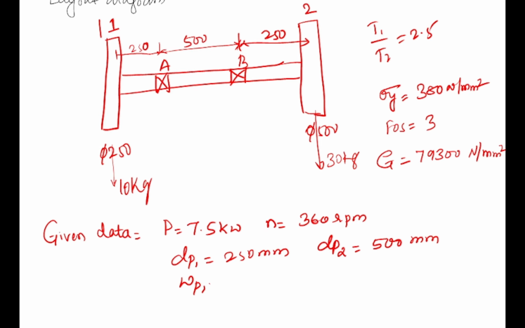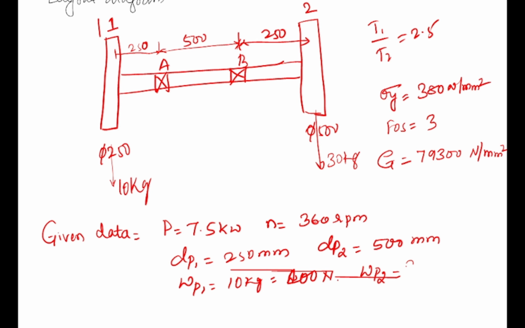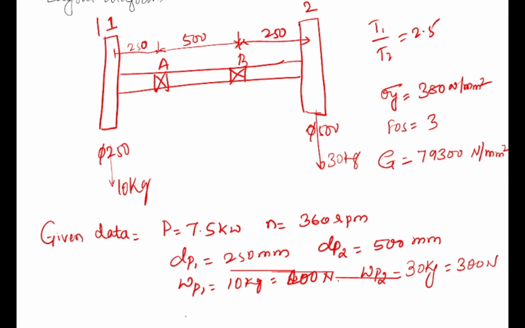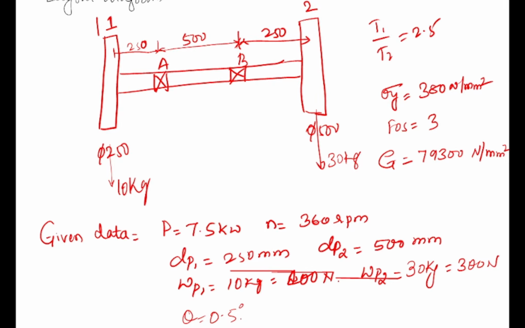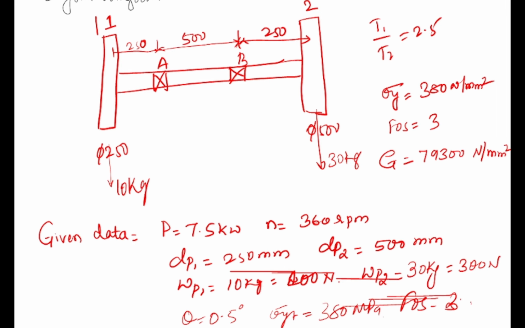Weight of pulley 1 is 10 kg, which I am going to consider as 100 Newton. Weight of pulley 2 is 30 kg, which I take as 300 Newton. Theta is 0.5 degree, and sigma yt is 380 megapascal. FOS is given, it is 3.